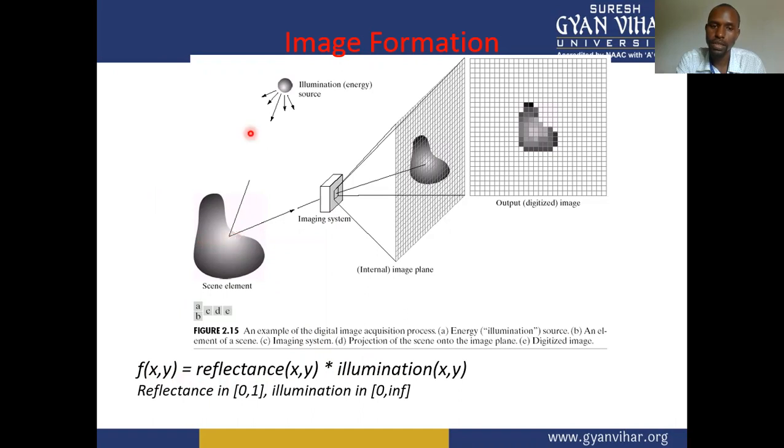You can see this direct source hitting this point is very bright, but since the light cannot get to this other point, it is very dark. So whenever we want to calculate this digital image, we have to put into perspective the reflectance as well as the illumination. The reflectance is always in the range of 0 to 1, and illumination is from 0 to infinity.